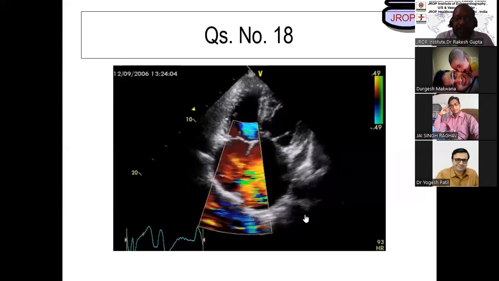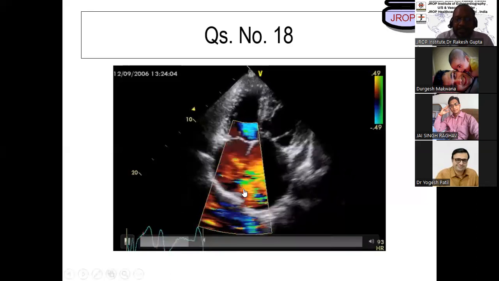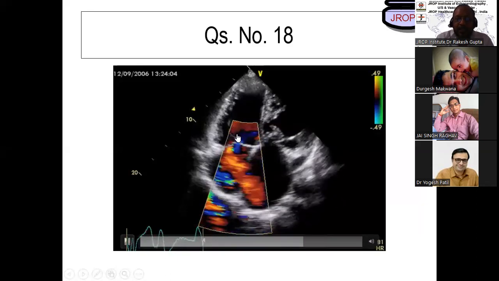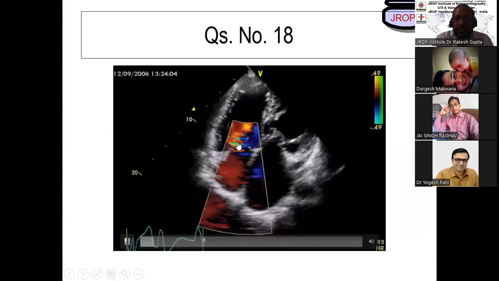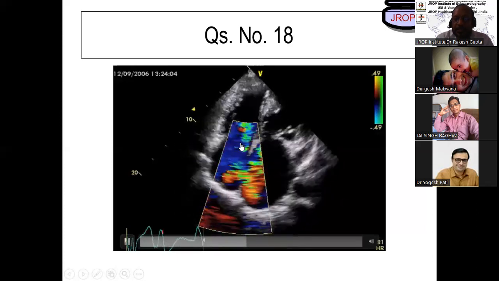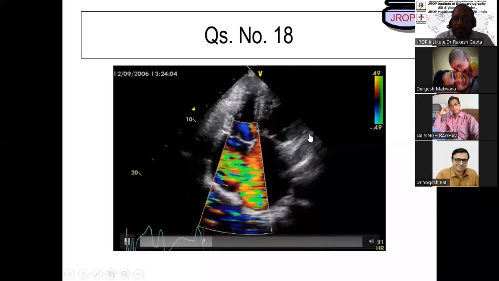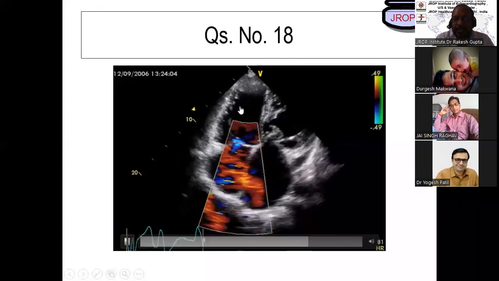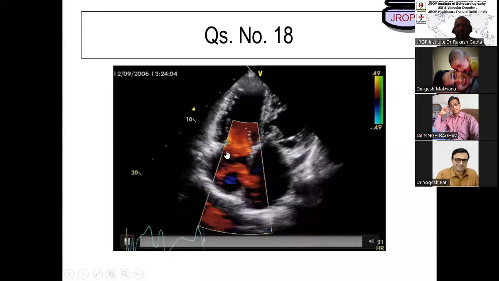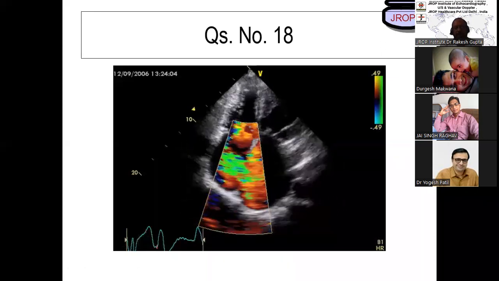So look, this is LA, this is RA, this is a large ASD flow. We could see a turbulence. This is tricuspid regurgitation. This is basally placed mitral valve. This is LV. And RV we couldn't see much, but this is a clean shaven structure. This is atrioventricular discordance with ASD.